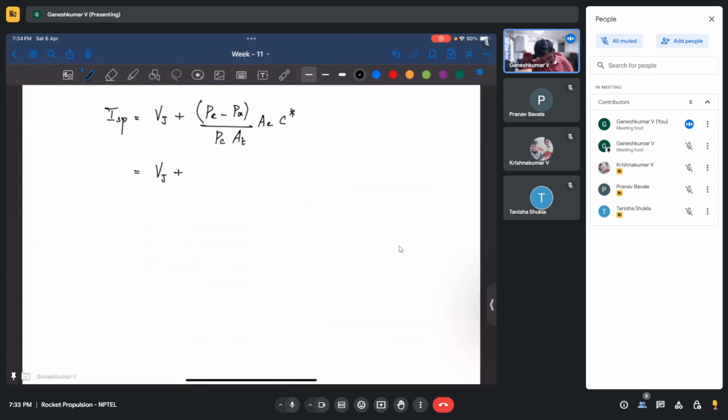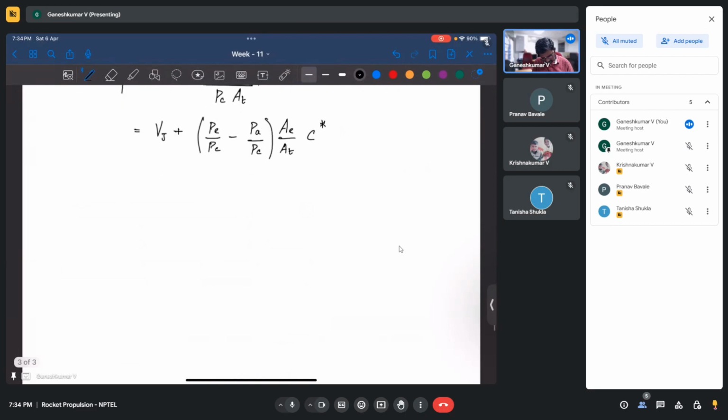Now if we simplify this further, it's going to be PE by PC minus PA by PC into AE by AT, which is nothing but the expansion ratio, times C star. We know PA is 0 pascals, so we can ignore that part.